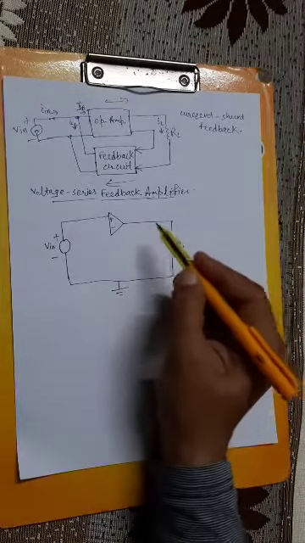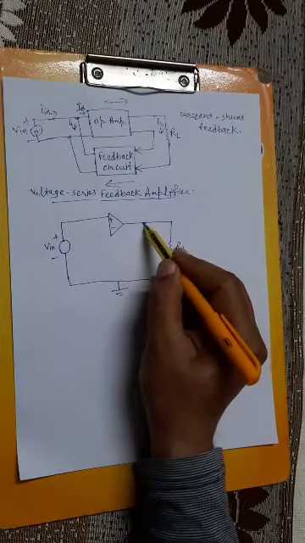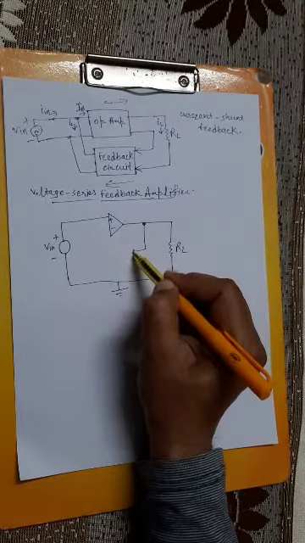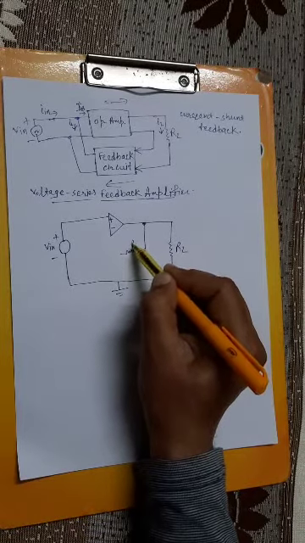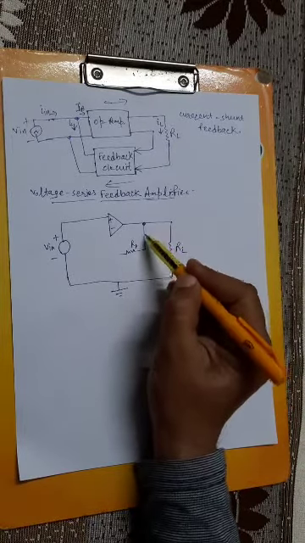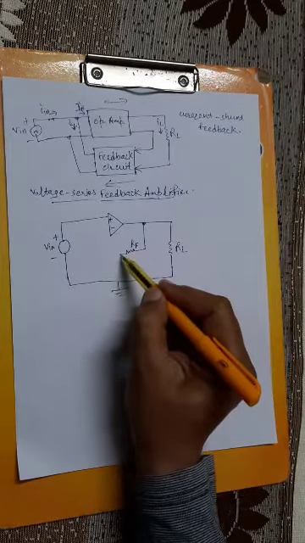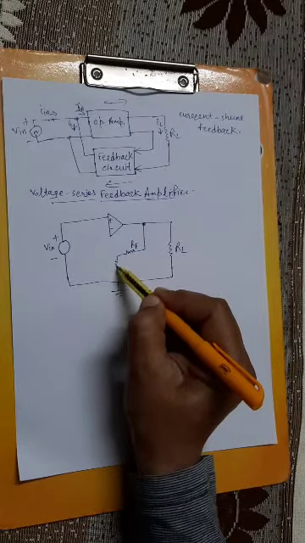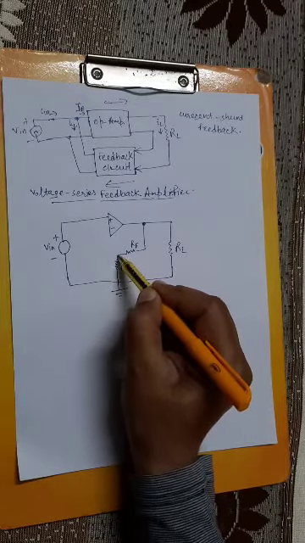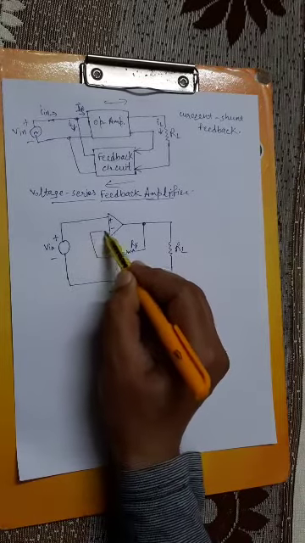Okay, now we will show the feedback circuit in this way. This is the feedback resistor RF. Feedback is connected through this feedback resistor RF and through this resistor R1. Okay, and the feedback connection is shown this way.